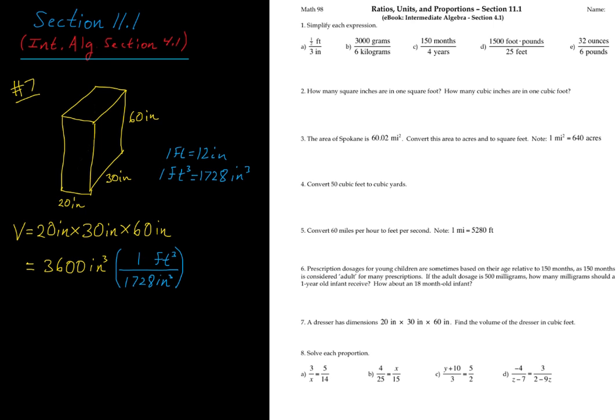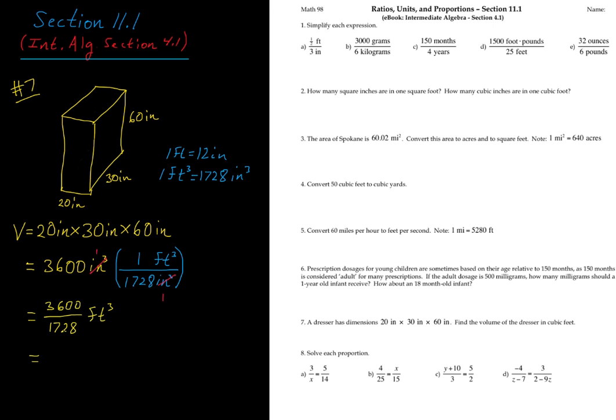Okay, so doing it this way, we'll go ahead and cancel out the units there, and now what we're doing there is taking the 3,600 and we're dividing it, right? Because that's really 3,600 divided by 1. So this is getting divided by 1728, and the units there would just be cubic feet.